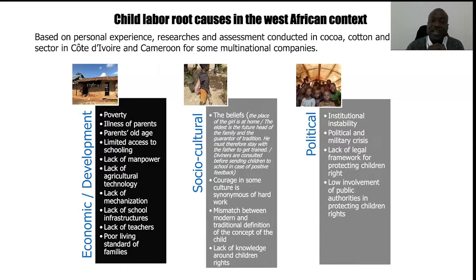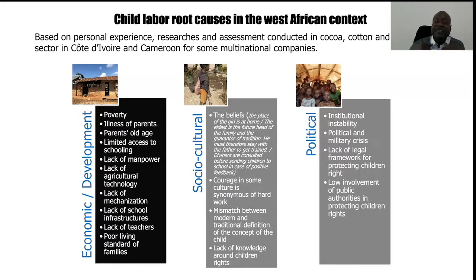And for sure, the lack of agricultural technology, the lack of mechanization at the agricultural level, are other factors. You know, in Western Africa, farmers are working with their own strength, without mechanization; everything is done by hand.